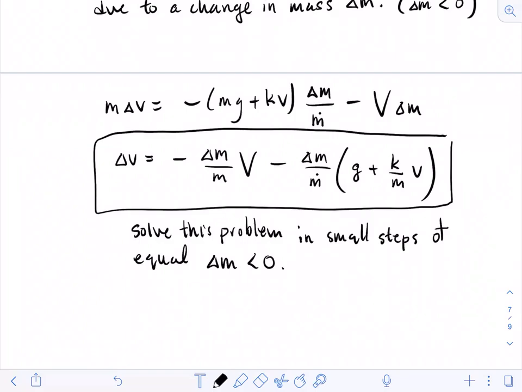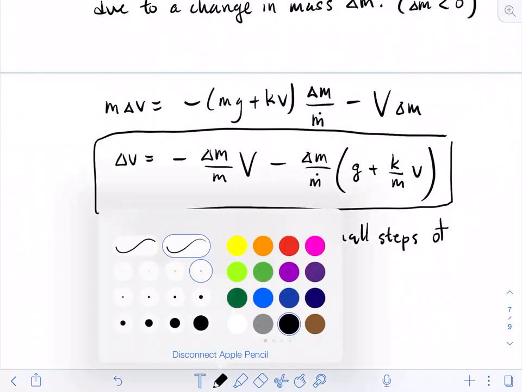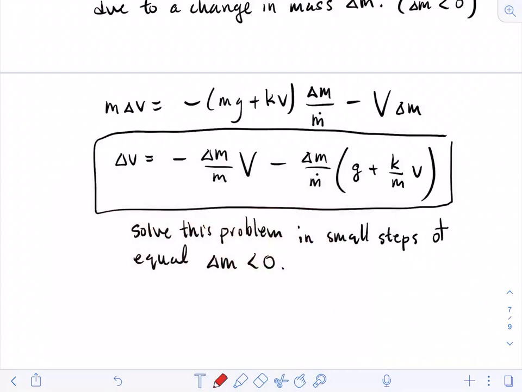Another way to see that this is clearly an approximation is that if we assume we have a small step, delta m, we're going to treat some of these variables, like the mass of the rocket and the speed of the rocket, as constants during that small step.